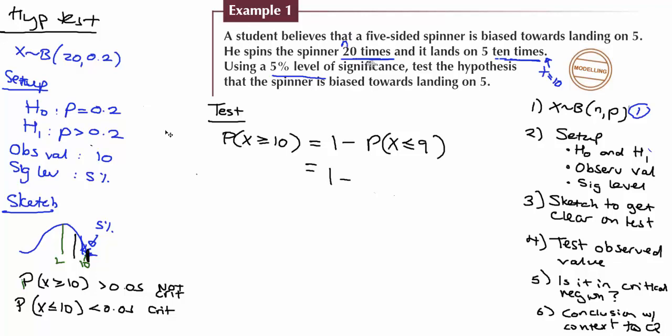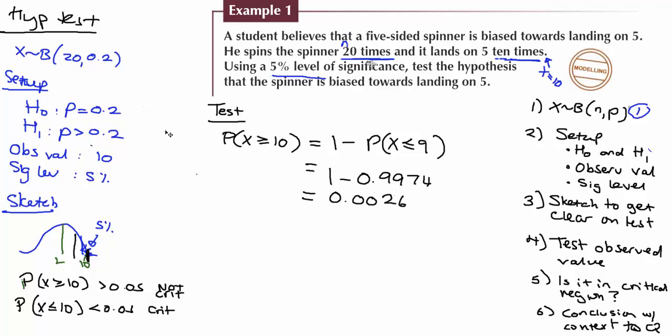Number of trials, 20. Probability is that. Let's find out what 9 is. Okay, this is 0.9974.